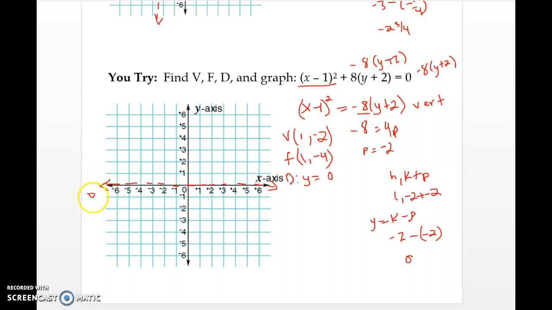That's your directrix. Your vertex is 1, comma, -2. And your focus is 1, -4. And your vertex bends around your focus and away from your directrix. And that is parabolas.